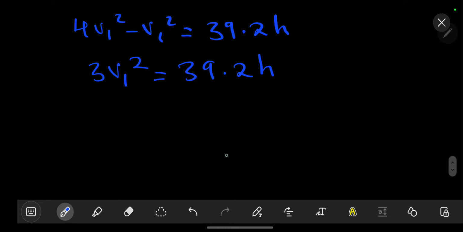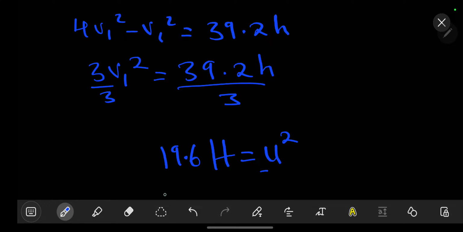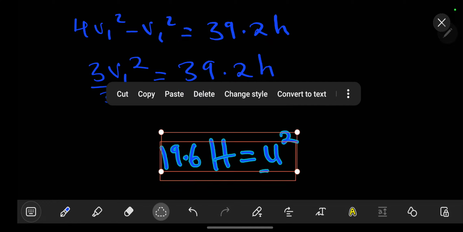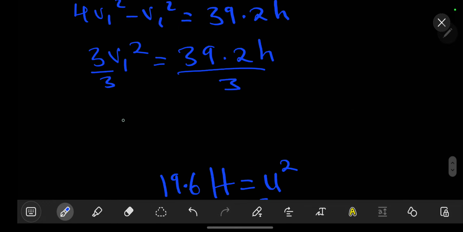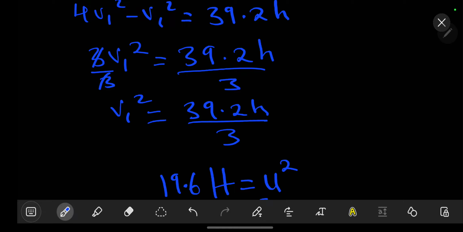Remember, our maximum height is equal to 19.6, then we have our u squared like that. The other equation that we were finding was, first let's divide over 3. So we are going to find that v1 squared should be equal to 39.2h over 3, like that.